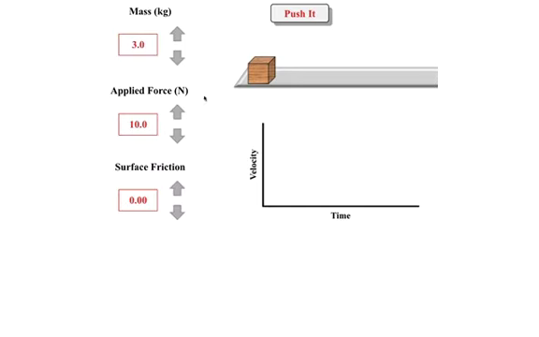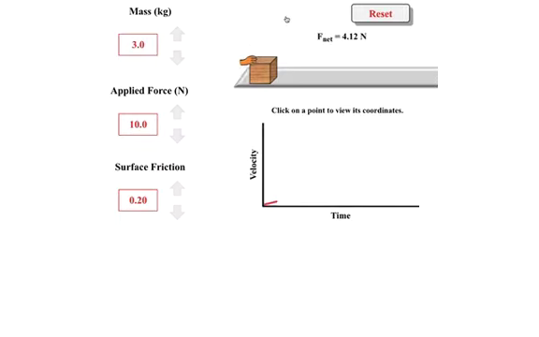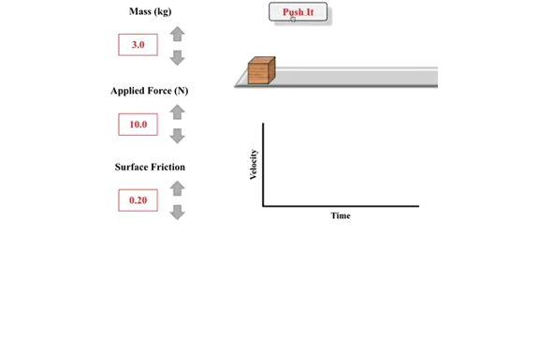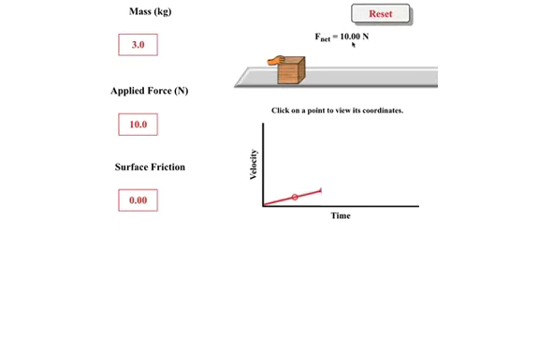But then you can change it where now if we increase our surface friction, so there's your coefficient of friction, you notice that you have an F net that's different. So again, if we reset, you can take a look at that. So none, with those values staying the same, you notice that your applied force is the F net.